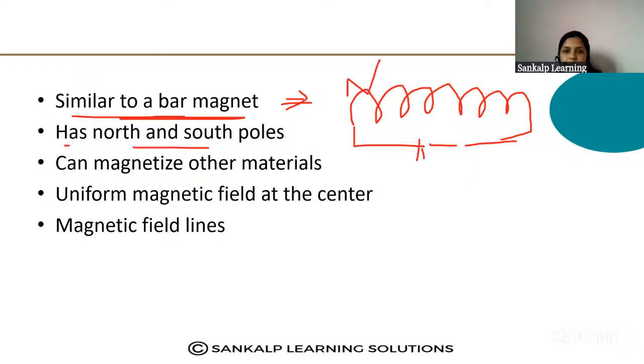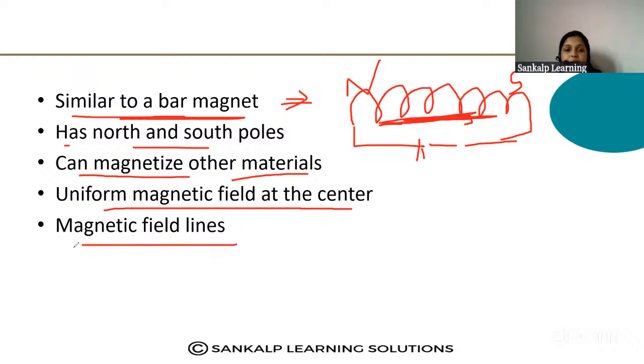Just imagine this is the north pole and this is the south pole. It can magnetize other materials, so when non-magnetic materials are kept inside, they can be converted into magnetized material. And there is a uniform magnetic field at the center, with magnetic field lines also there. So these are some properties of the magnetic field.